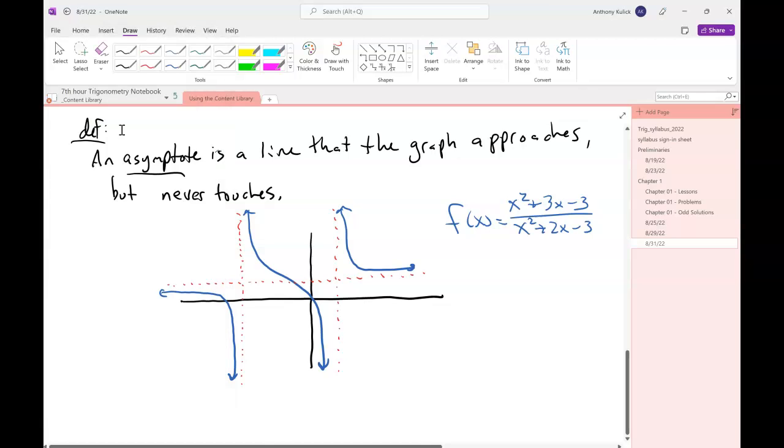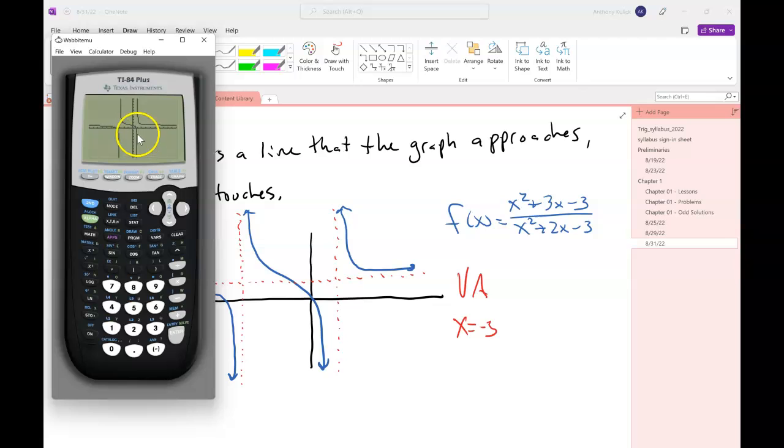So I'm going to write that down. I also see that this spot looks like a vertical asymptote right here. Right? And that appears to be at x equals 1. So there's a vertical asymptote at x equals 1.